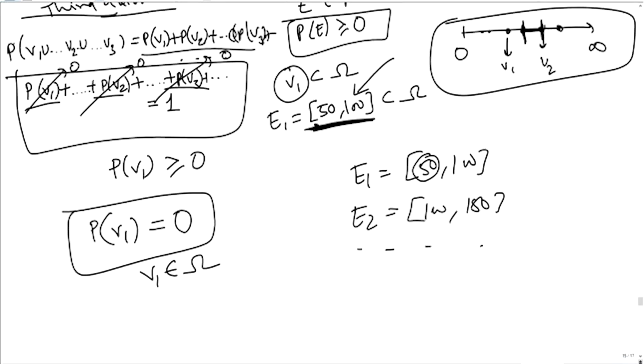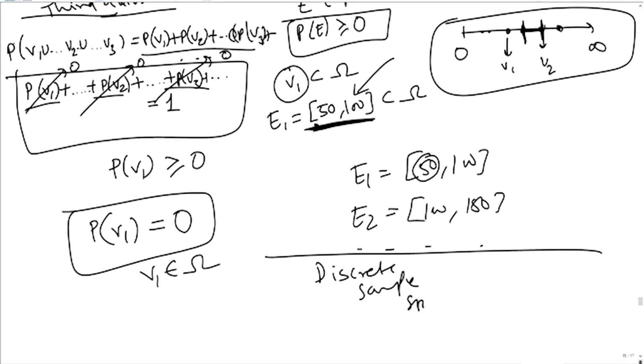Okay. So, the nature of the probability assigner function is going to be very different for these cases, that is, for a continuous sample space. That is why we make this important distinction between discrete sample space and continuous sample space.